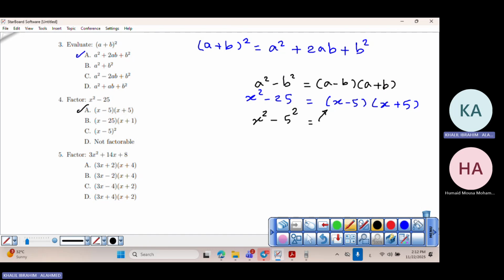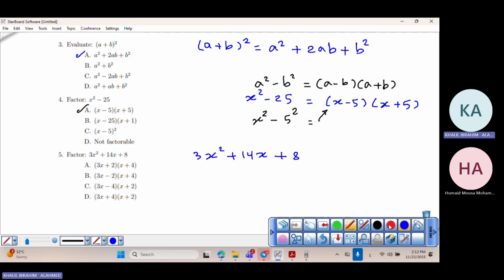But question 5, factorize. How to factorize this expression? 3x squared plus 14x plus 8. You can use a calculator.